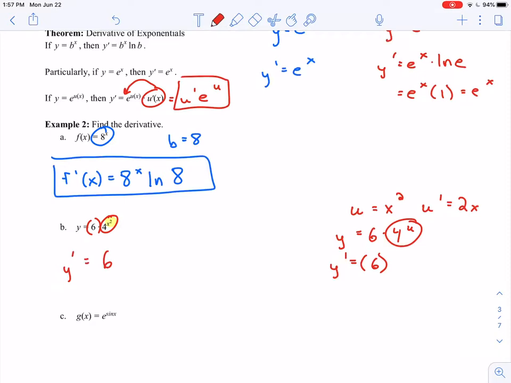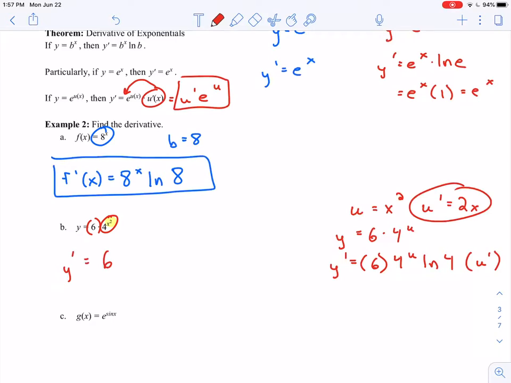So the derivative of 4 to the u will be 4 to the u, that part is b to the x, times natural log of b, so times natural log of 4 here. But remember, we're doing a chain rule right here. So at the end of all of this, I need to remember to multiply by my u prime. I need to multiply by this guy right here.